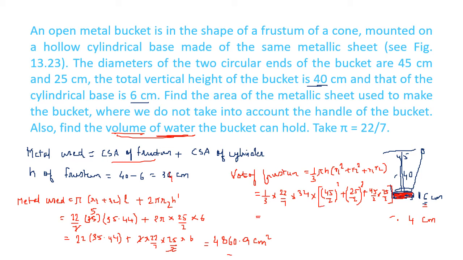So do the multiplication, you get 22 by 7 into 34 upon 3, and if you add this and multiply and add this, you get 943.75. Doing the calculation, we will get 33615.48 centimeter cube. I am not doing the calculation because it is a part of the textbook example, but this was just for your understanding.